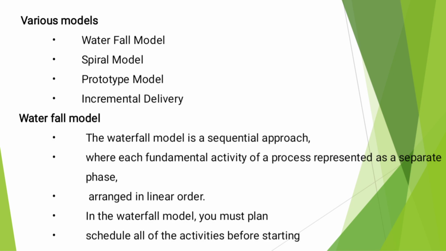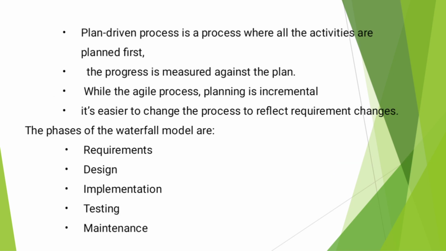In the waterfall model, you must plan and schedule all the activities before starting. A plan-driven process is a process where all the activities are planned first. The process is measured against the plan. While in the agile process, planning is incremental, so it is easier to change the process to reflect requirement changes.